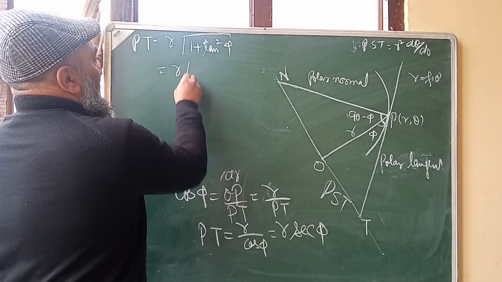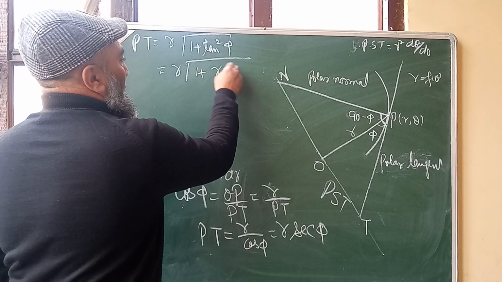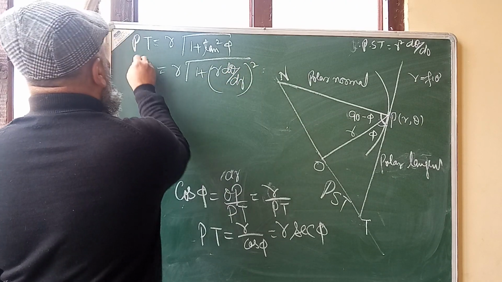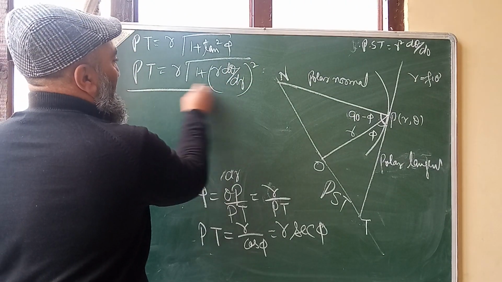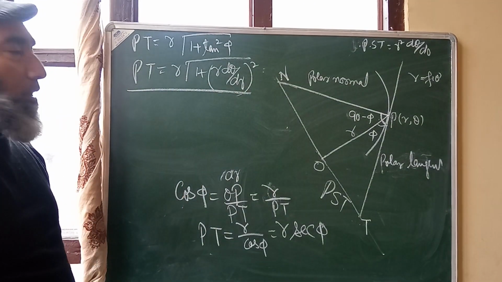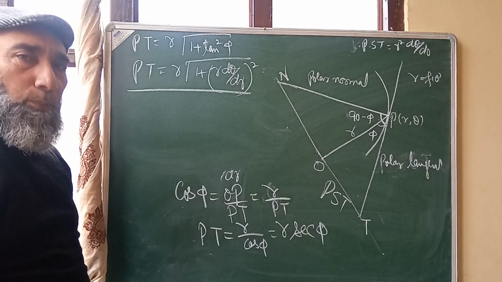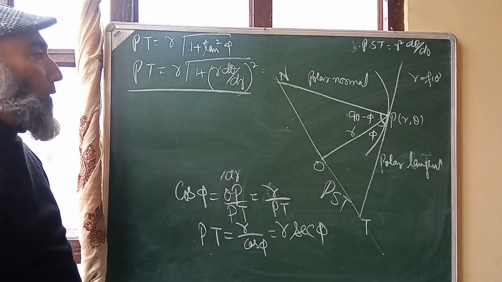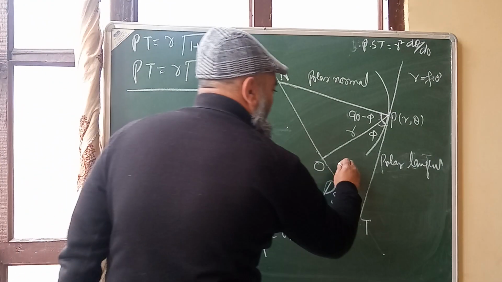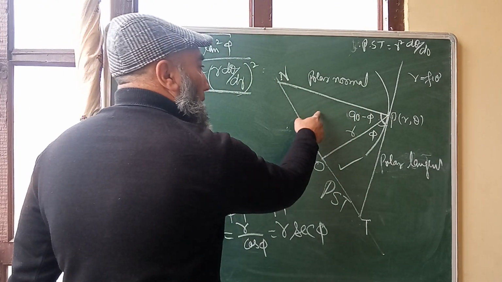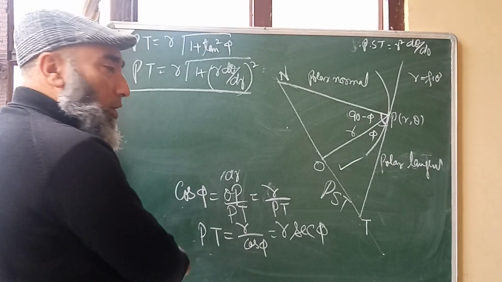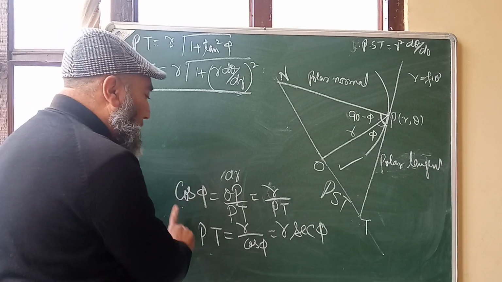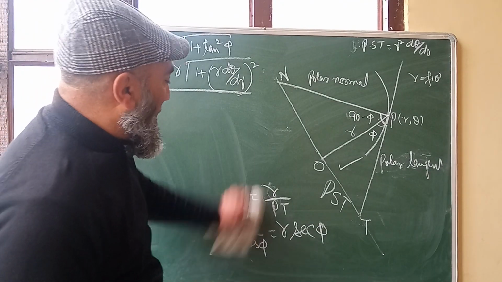Tan phi is r d theta by dr. So PT, the length of the polar tangent, is r under root of 1 plus (r d theta by dr) whole square. Remember it once for all. Now we are finished with this triangle. Now we will be taking up this triangle, and I will be finding tan 90 minus phi and cos 90 minus phi.